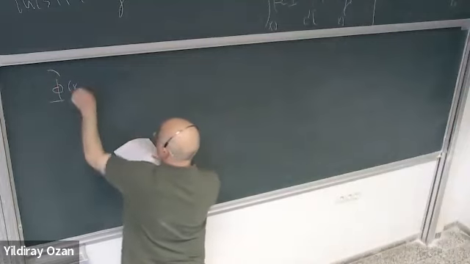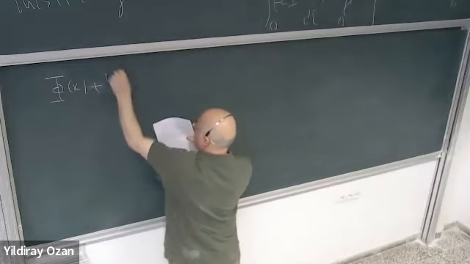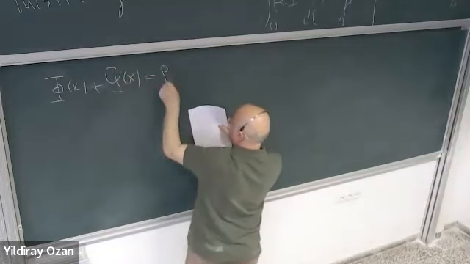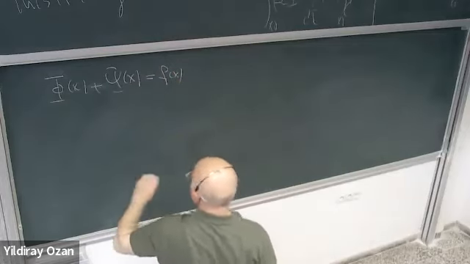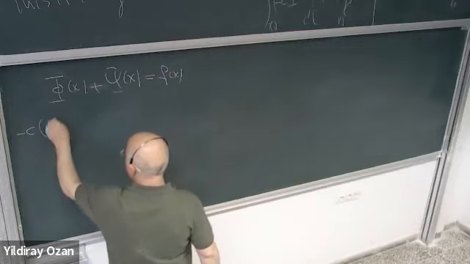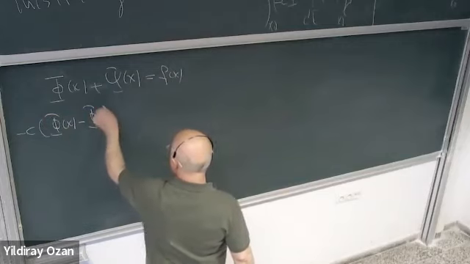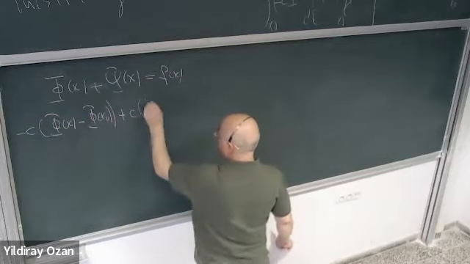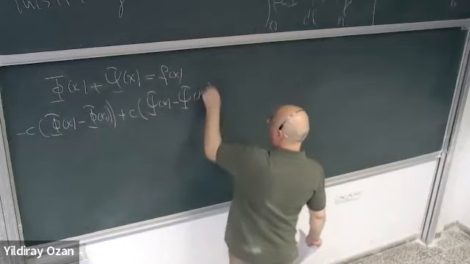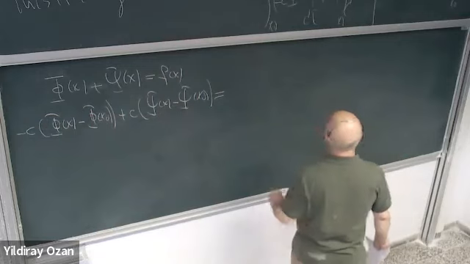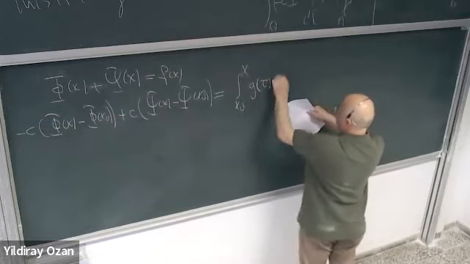So this function plus this function adds up to f, and then I have minus c times minus x0 plus c times x0 equals integral from x0 to x g tau d tau.